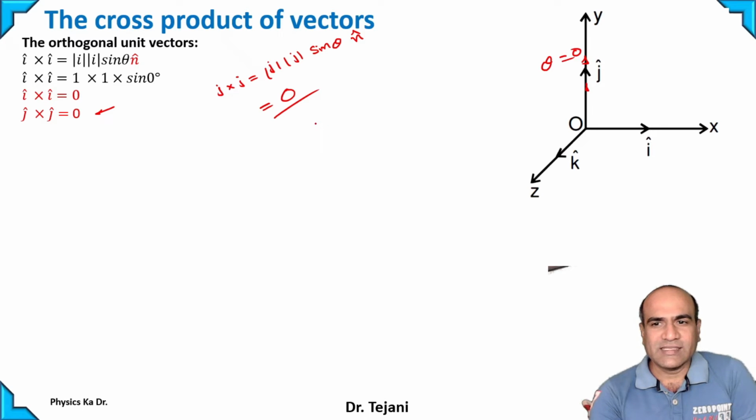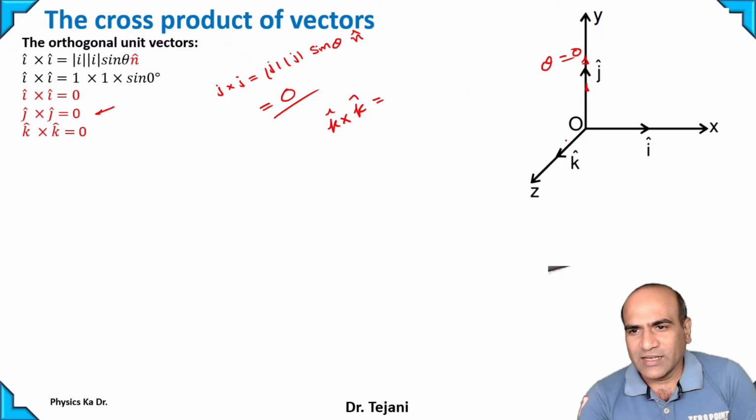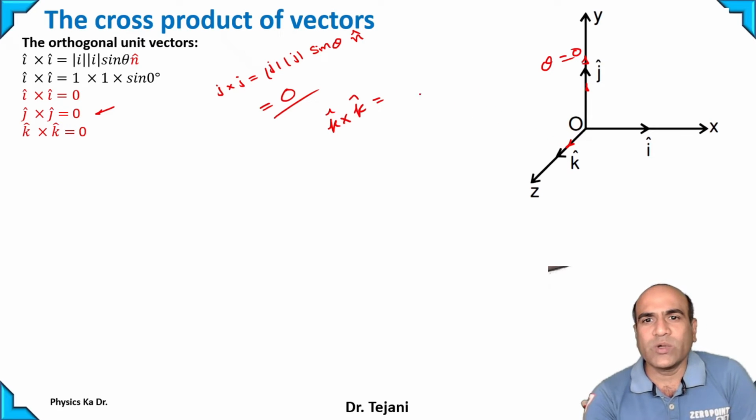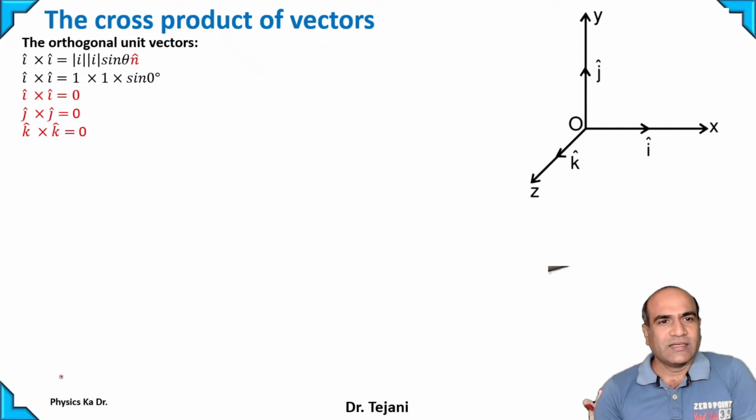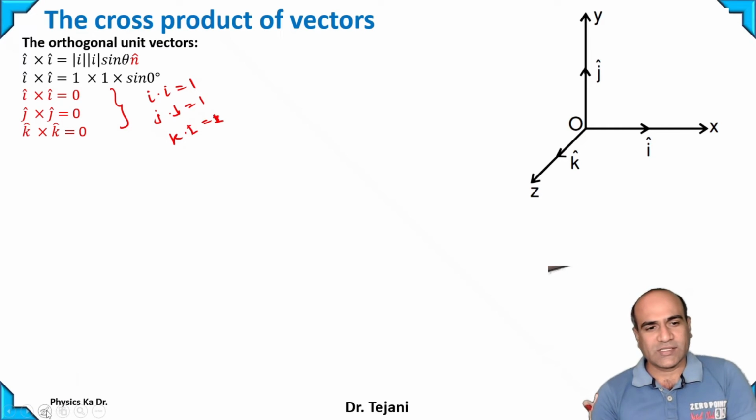Similarly for k cross k, the angle of k to k is again 0, so sine theta becomes 0, and therefore k cross k also becomes 0. We saw that in the case of dot products, i dot i is 1, j dot j is also 1, and k dot k is also 1.